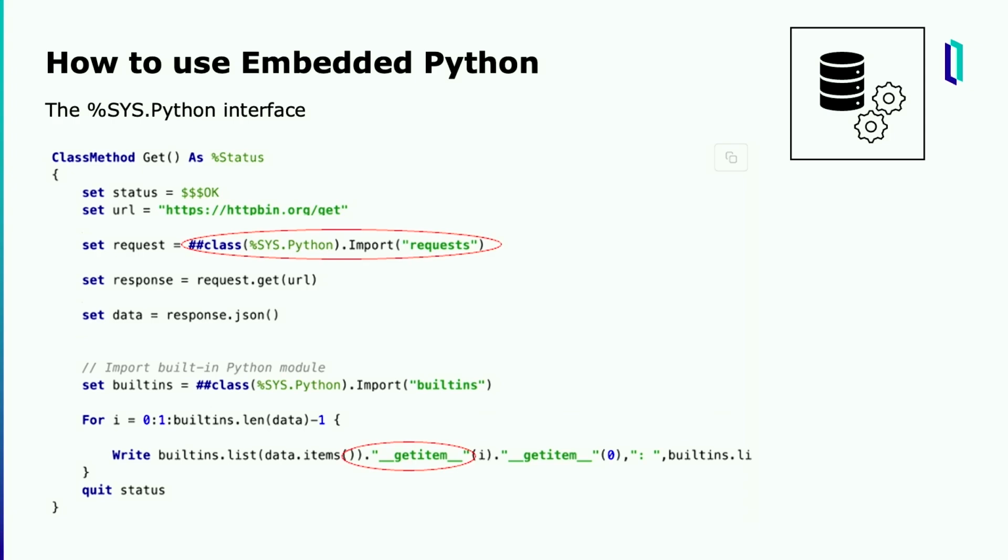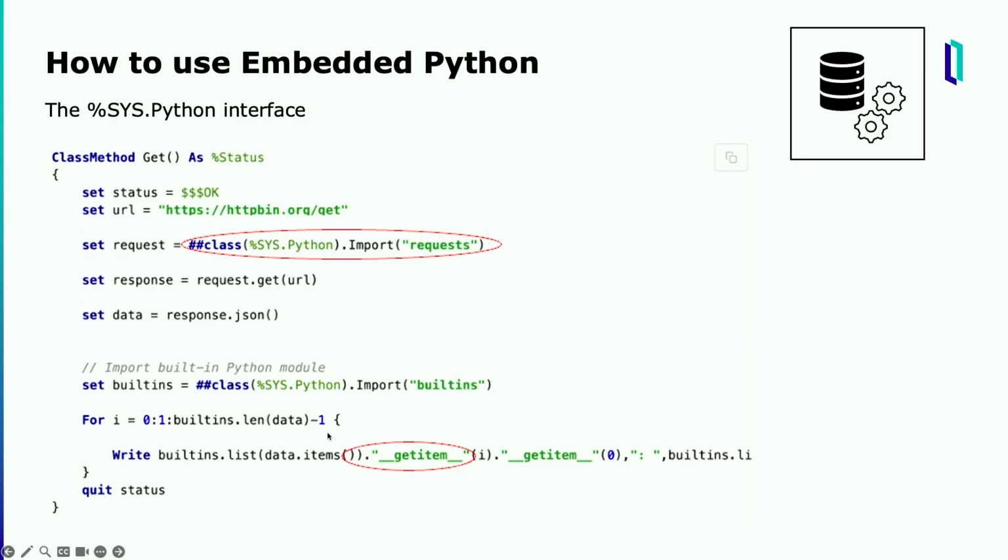Very powerful if you're an ObjectScript developer and you want to get or want to work with a Python library and get it integrated in your business logic. Very useful. But the downside is, well, you got to have a good understanding of both ObjectScript and Python.